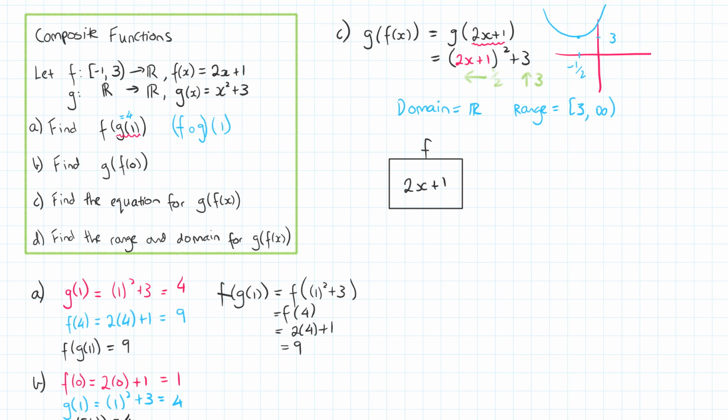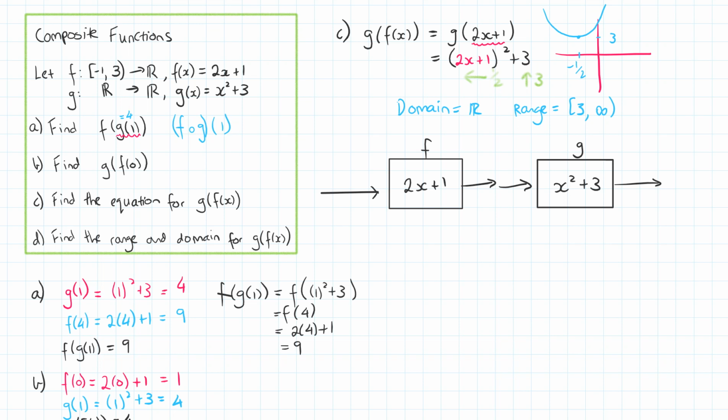So this is function machine f. We'll make a second one for g, x squared plus 3. And our conveyor belt moving along. So we have stuff going in, stuff going out, which then feeds into g and comes out the other end. So in our previous example, let's see what happens when we feed in x equals 0.